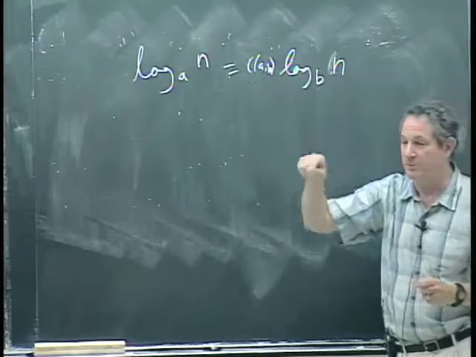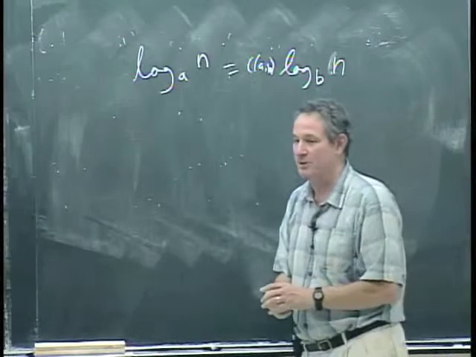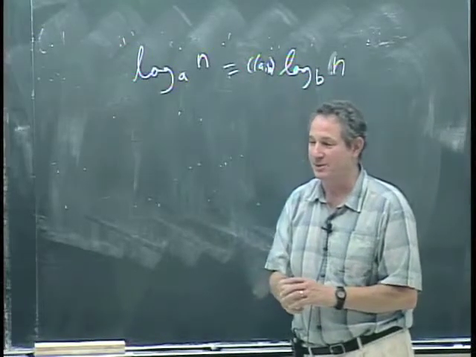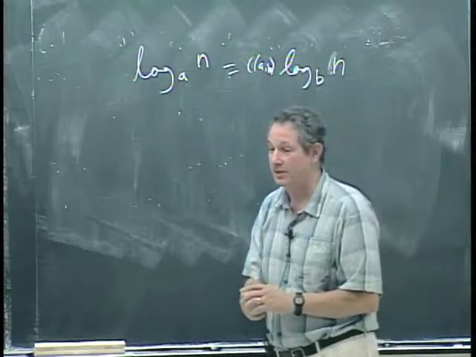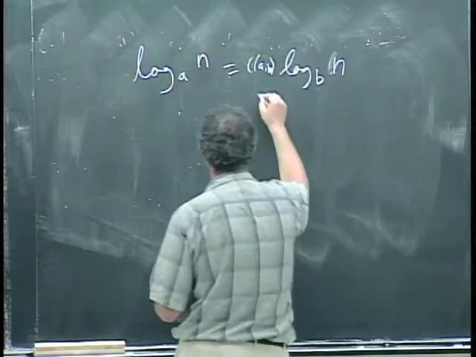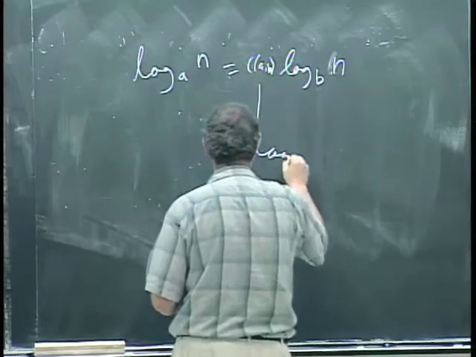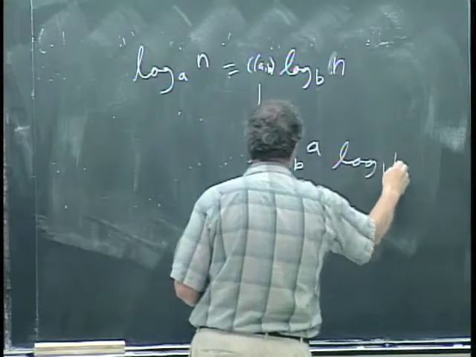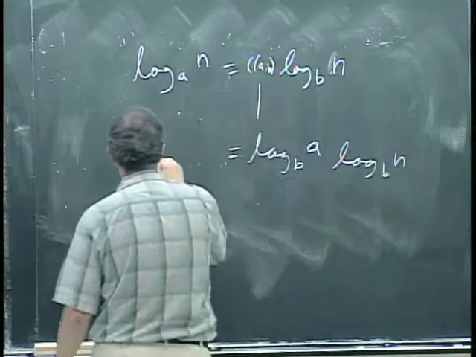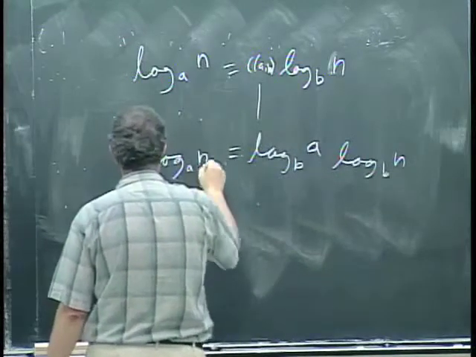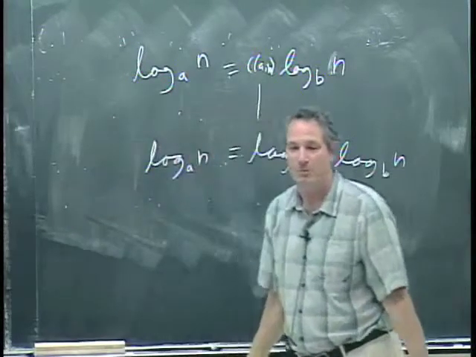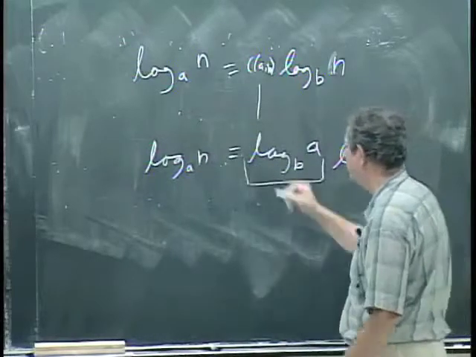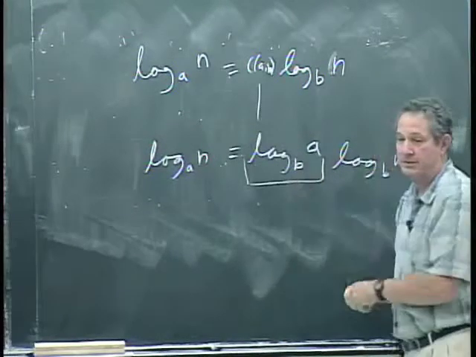Now, a minute ago, you suggested what the actual constant is. And what is it? Log base A of B? Okay, so the suggestion is that this is log base B of A, log base B of n. So everybody should go home and think about it. Don't go home now, but when you go home, you should look this up or think about it. If we spent the time, we could derive what the right constant is.